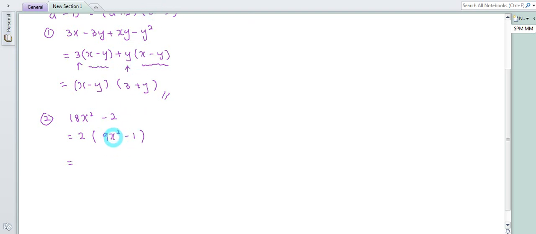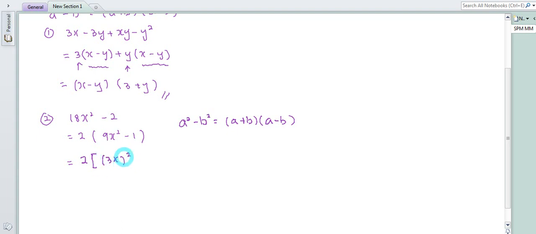The square here is only for x, not for 9. So if I want to use this formula, okay, so I need the whole thing square. So I try to change it, become 3x squared.